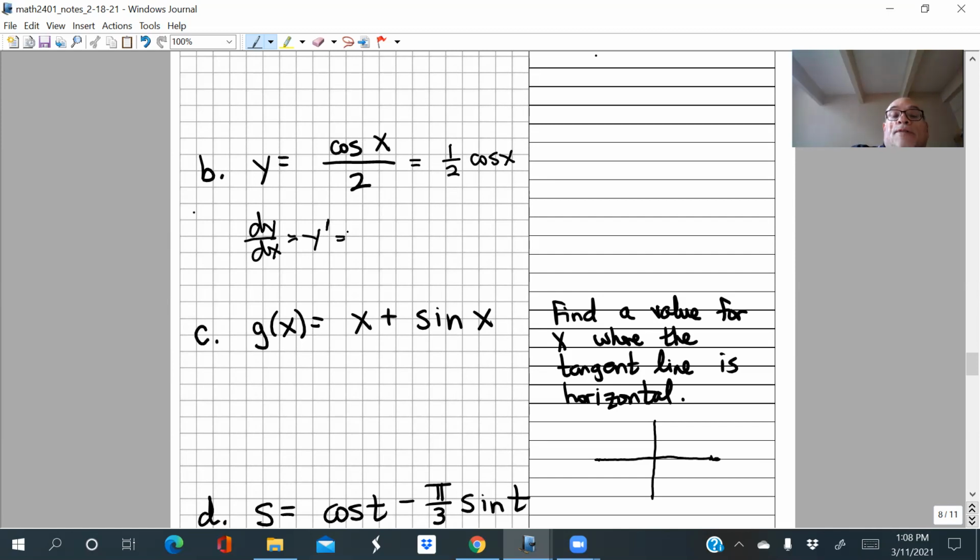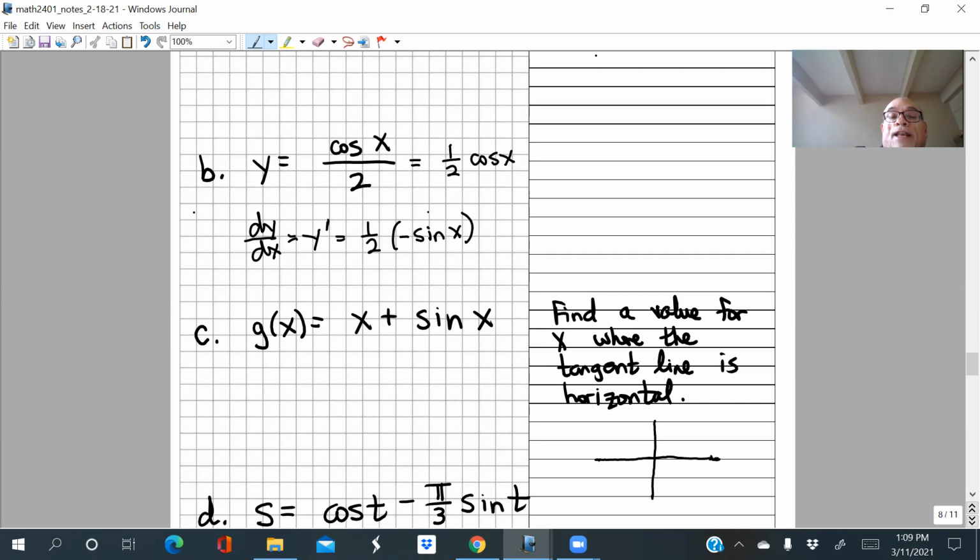So when you take the derivative of this, again, you have this constant multiplied in, but that doesn't change the derivative at all. You just keep that constant. So you keep the constant 1/2, and then you just have to remember what the derivative of cosine of x is. And we just said it. What's the derivative of cosine of x? Negative sine x. Yeah, it's minus sine x.